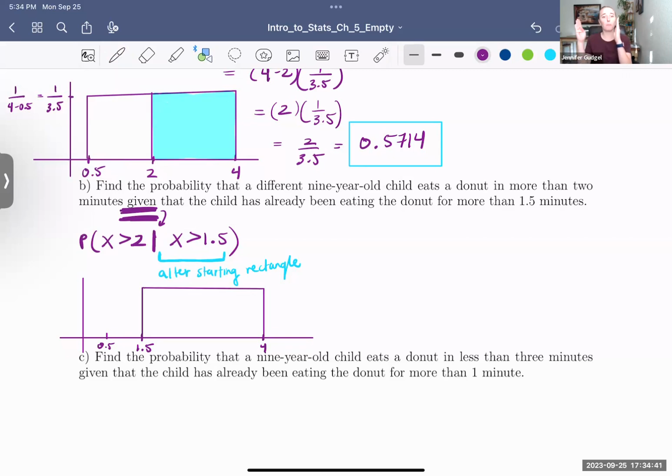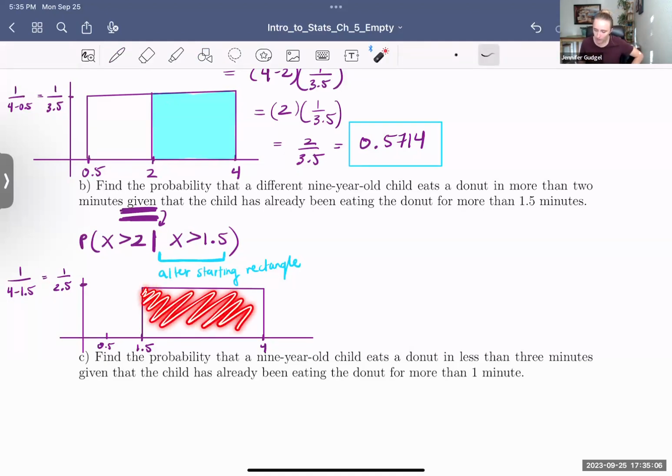This is now my starting rectangle, 100% of my probability, which means that my height is also going to be altered. My height is now not going to be 1 over 3.5. It's going to be 1 over 4 minus 1.5. It's going to be 1 over 2.5. Because again, that whole rectangle has to be 100% or 1.00 as a probability.